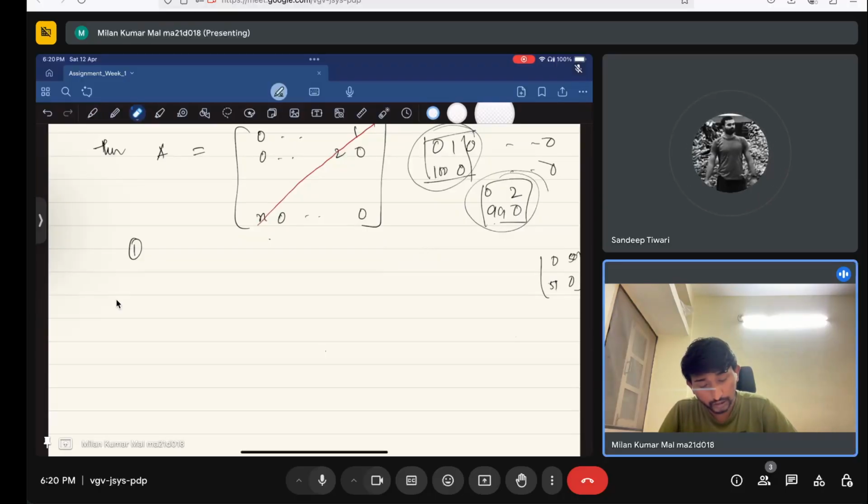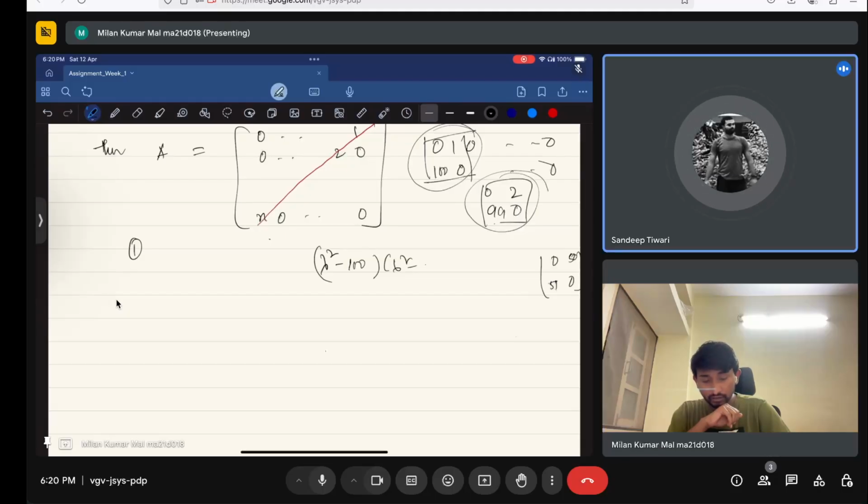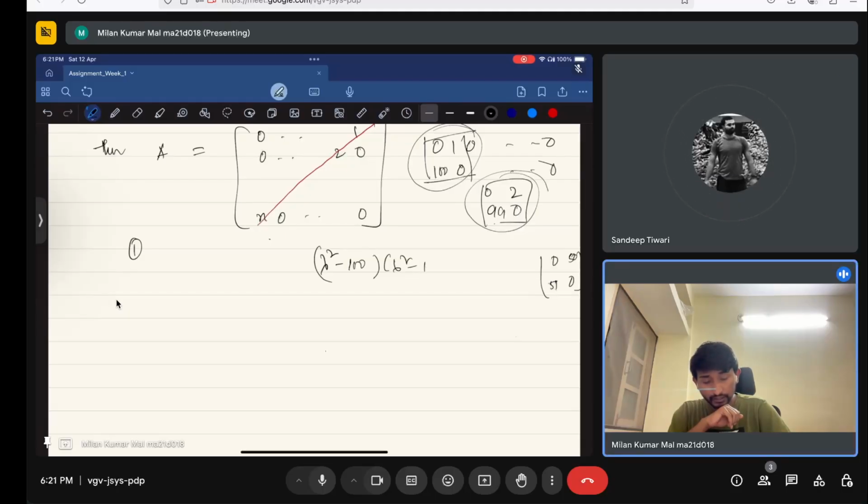So this way, the first factor will be lambda square minus 100, the second will be lambda square minus 2 into 99, and so on, and the last will be lambda square minus 51 into 50.